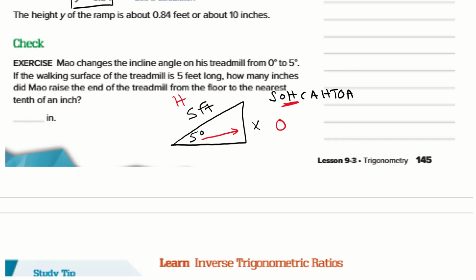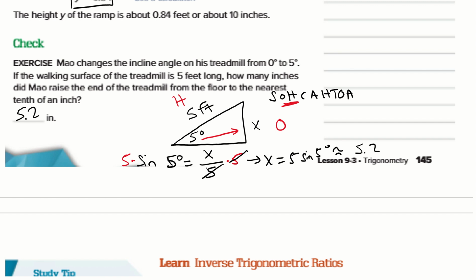So we're going to say, okay, sine of 5 degrees is equal to opposite over hypotenuse, so x over 5. And then we can multiply both sides by 5. So this cancels. So x is equal to 5 sine of 5 degrees. All right, and doing that on the calculator gives you 5.2. So you got about 5.2 inches.